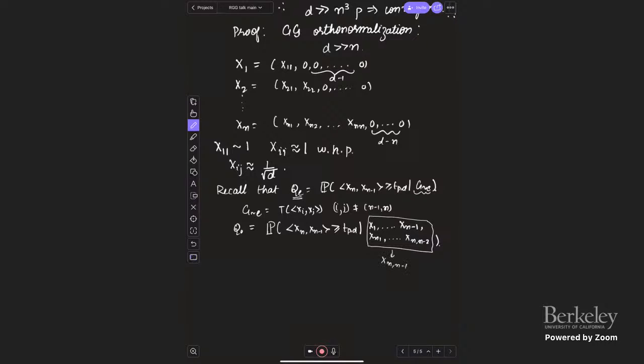When we are given these, we know that ⟨xn, x1⟩ to ⟨xn, x(n−1)⟩ are the first n−1 coordinates of xn with respect to some random orthonormal basis, given to us by the Gram-Schmidt orthonormalization of x1 to xn−1. So these coordinates must behave approximately independent.